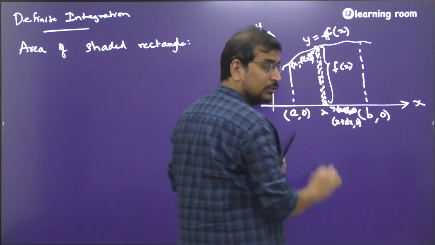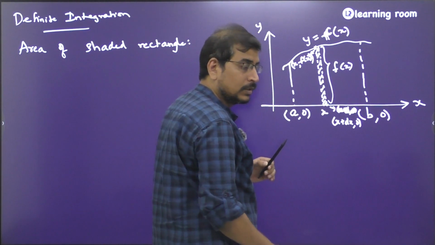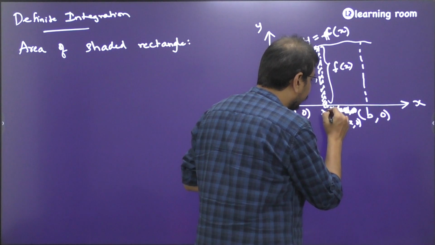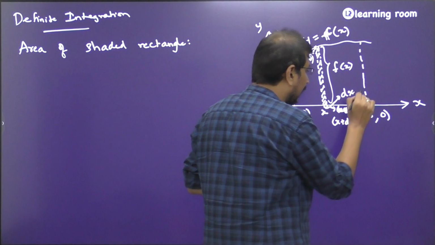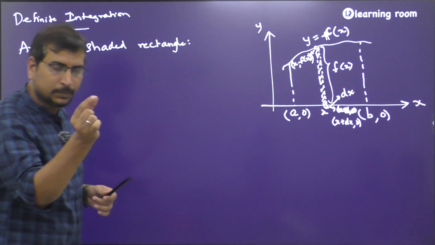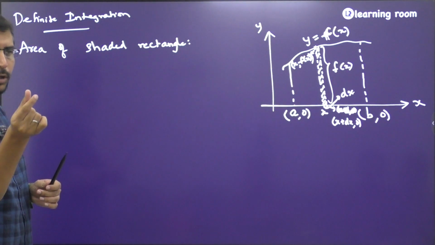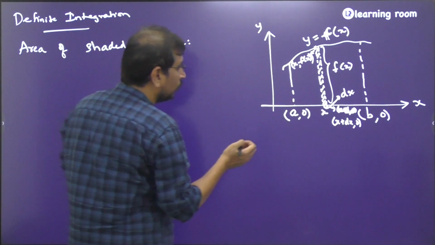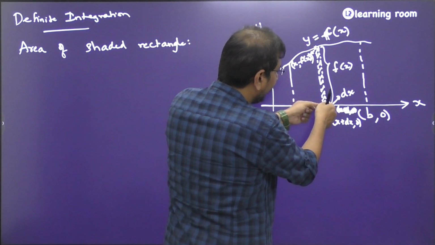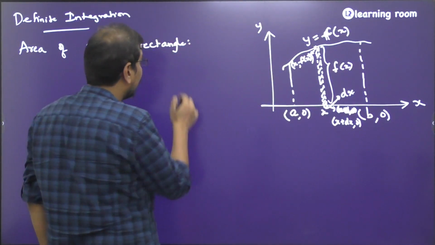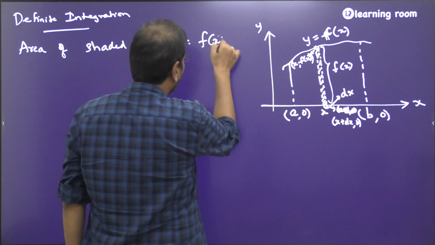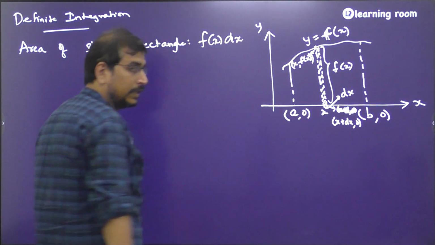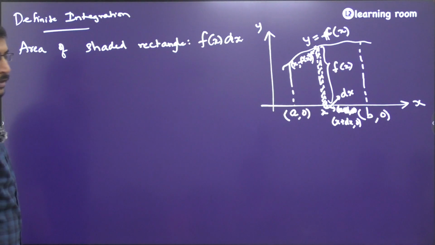So what is the difference between these two points? This difference is going to be dx. It is only that much thick, right? dx is a very small quantity, right? So the area of the shaded rectangle is equal to f of x into dx. Can I write it like that? f of x into dx, right?